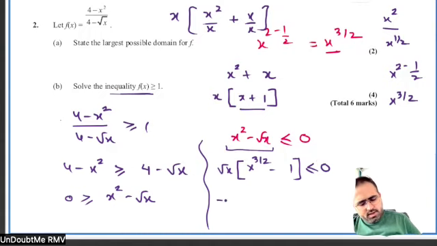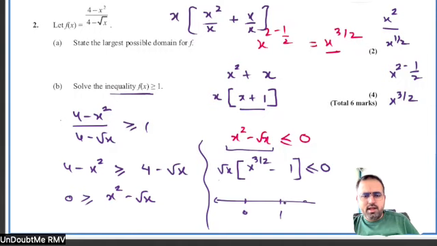Now, after this, you can draw a rough number line where you write the two zeros. When you solve it like an equation, x will be 0 or x will be 1. These are the two answers. Now, on the left-hand side of 0, let's say if I put negative 1, can I put negative 1 in this? I can't because this is a square root.